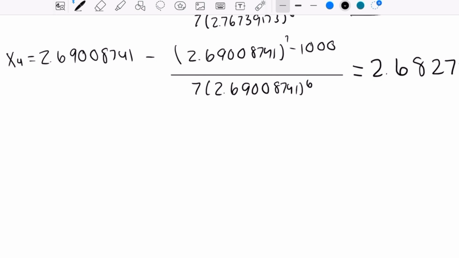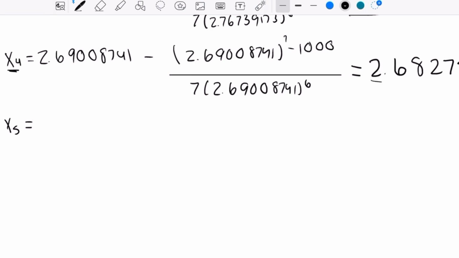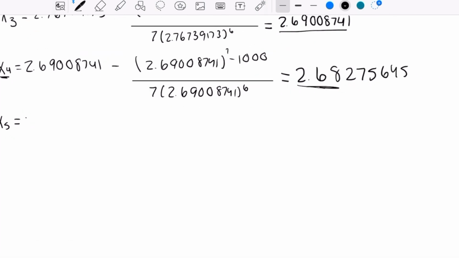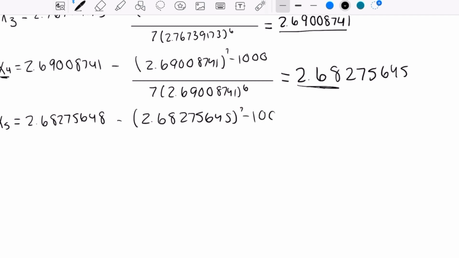So x of n plus 1, so x of 4 plus 1 equals x of 5. And that would equal x of n, which is x of 4. We found that solution right here. We're going to plug that in. 2.68275645. Plug this number into everywhere the x of n is in our formula.